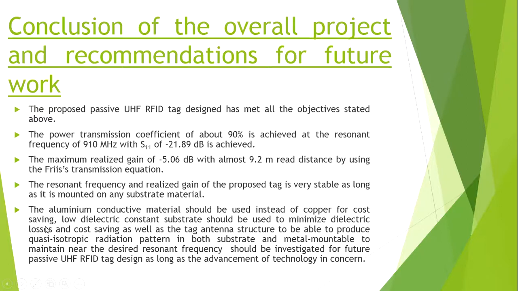The lower the dielectric constant of the substrate, the cheaper it is, so it is better to use a low dielectric constant substrate if possible. Copper can be used instead of aluminium if possible, but copper will also jeopardize a bit of the RF performance, though it is much cheaper.